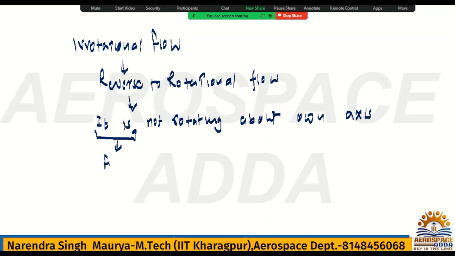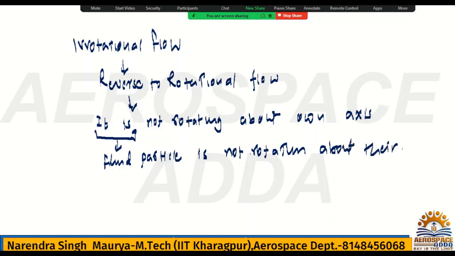Fluid particle is not rotating about its center of mass. Why is it not rotating?